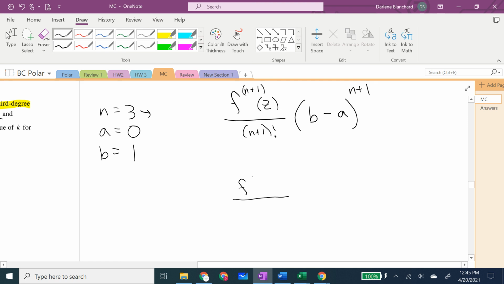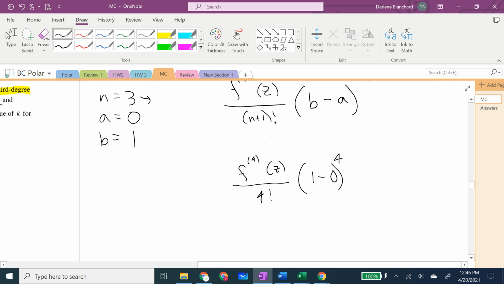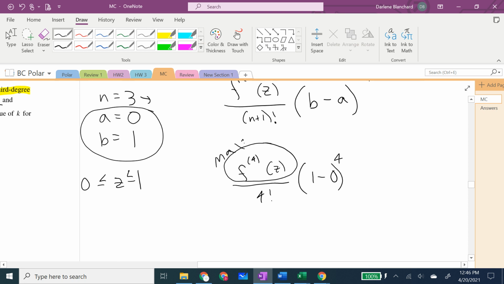You're going to do the 4th derivative at z over 4 factorial times b minus a to the 4th power. And then your goal from there is to maximize this 4th derivative at z, where z is anywhere between the center and the number we approximate for.